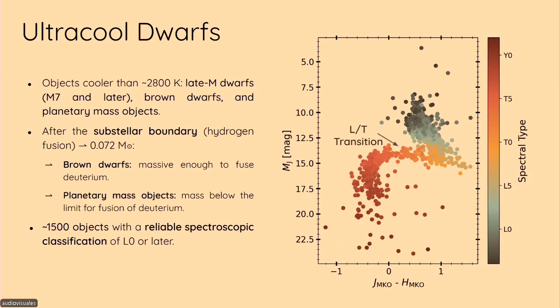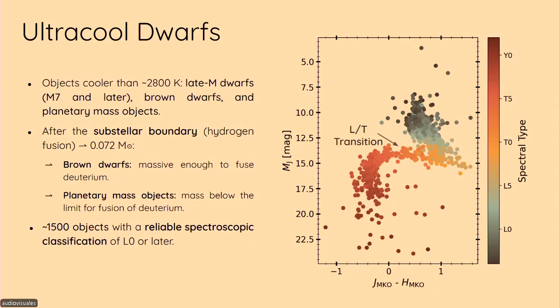So more in detail, here you have a brief summary of ultra-cool dwarfs, and these are objects that are cooler than more or less 2,800 Kelvin, which is the temperature at which the absorption bands start to be very significant. And among the ultra-cool dwarfs, we can find late M dwarf stars, with spectral types of M7 and later.